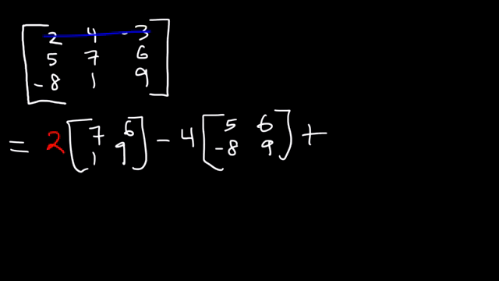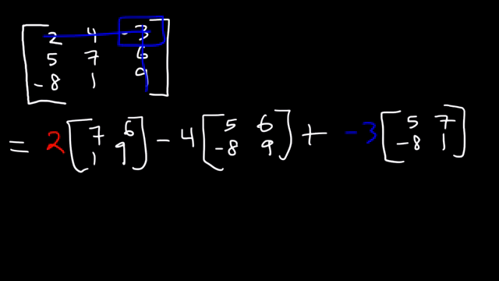So we're going to get rid of row 1 and column 3. So we have a negative 3 on the front. And then we're going to write what we see here: 5, 7, negative 8, 1. So that's how you can simplify the 3x3 matrix into 3 2x2 matrices.